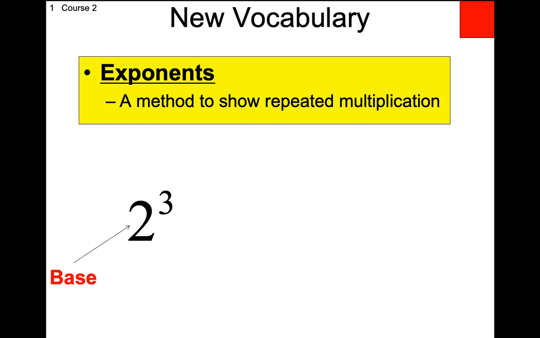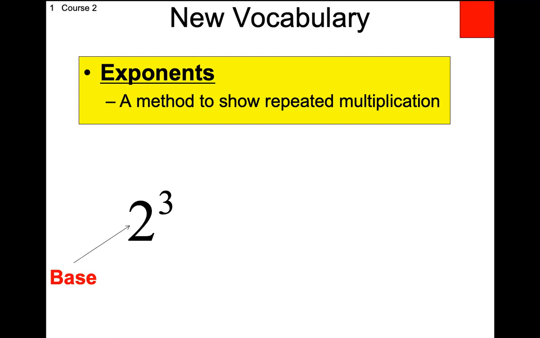The base is the number that you will be repeatedly multiplying. I'm going to multiply 2 multiple times: 2 times 2 times 2 times 2 times 2 times 2 times 2 times 2. How many times am I going to multiply 2? That number of times.